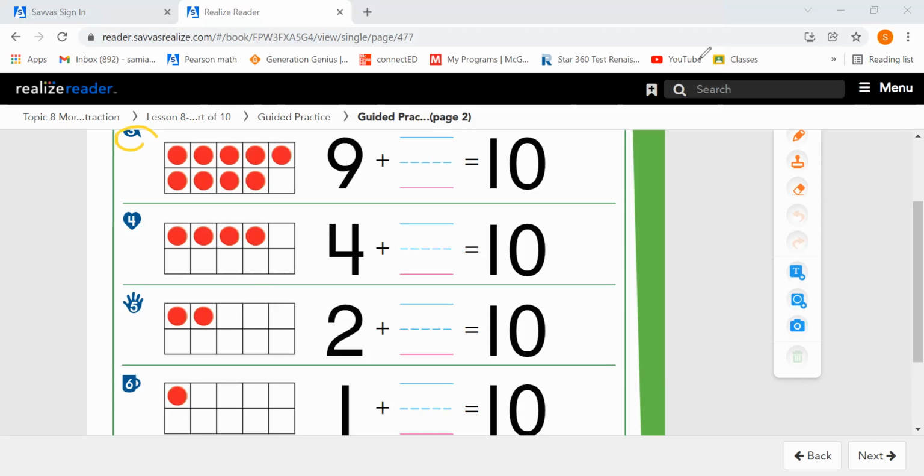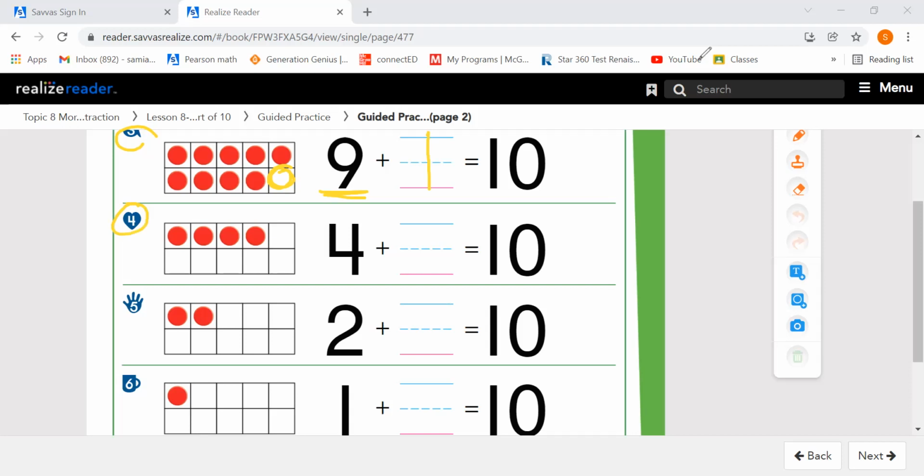So number 3 has how many red counters? 9. We are going to add 1. So we'd count up from 9. We'd have 9 red, and we'd count up 10. So that is 1 yellow counter.